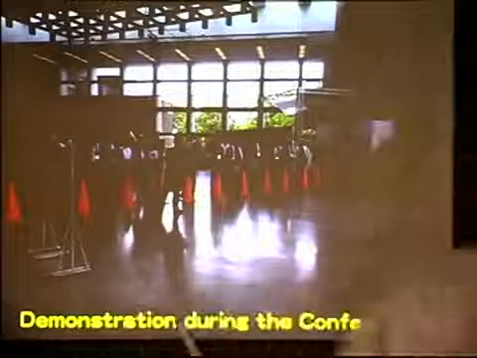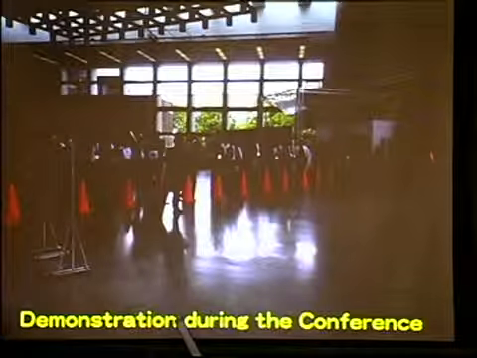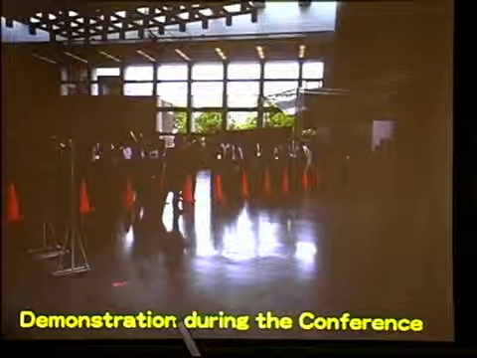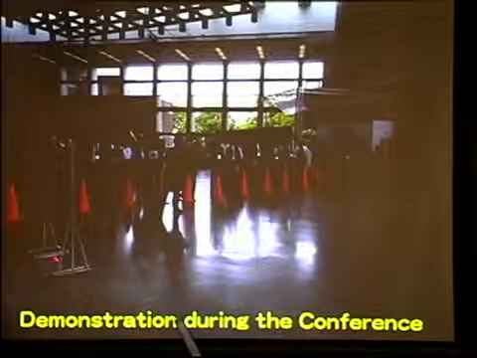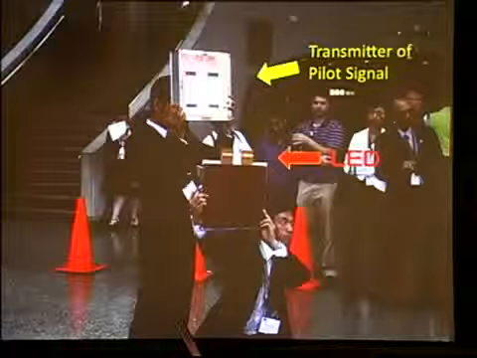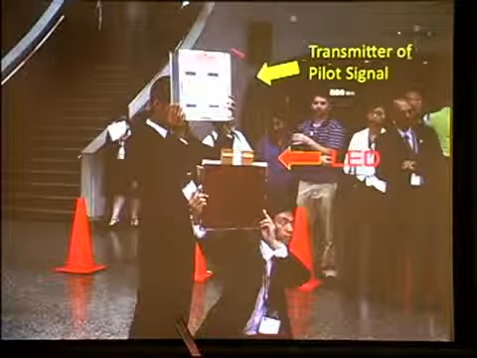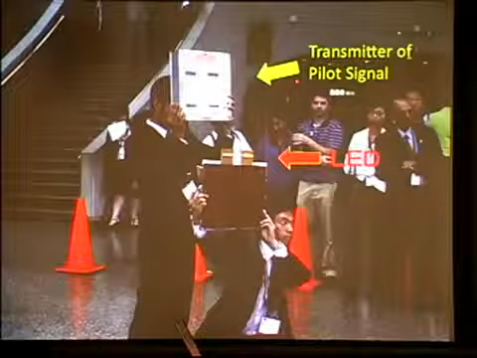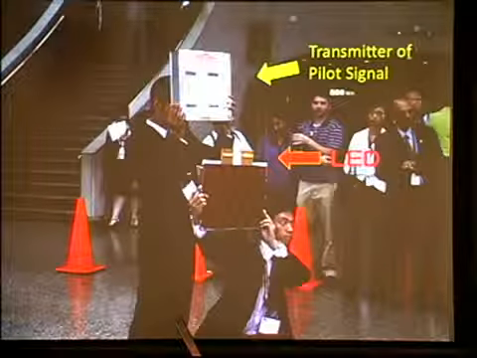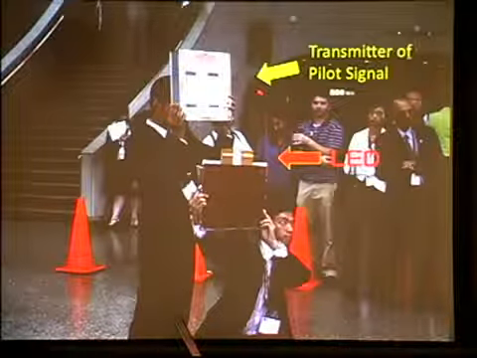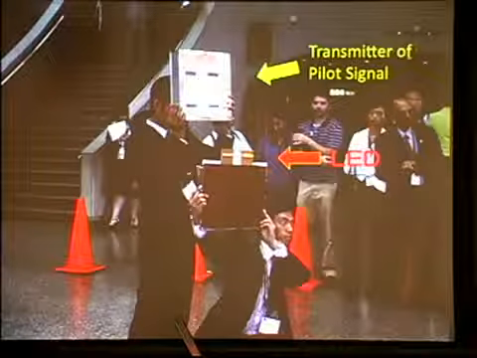Maybe you can see the transmitting antenna is here, and the rover is here. This is a transmitting antenna for the pulse signal. It can radiate the pulse signal to the transmitting antenna.